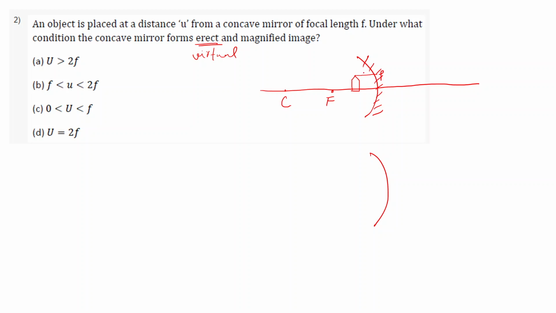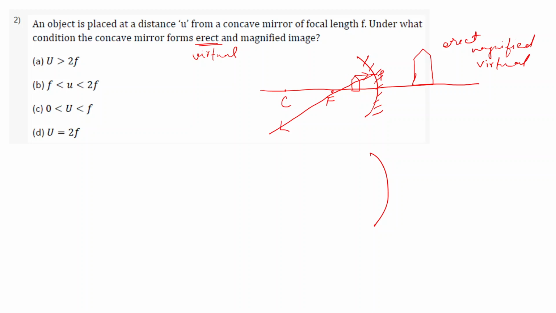Again we will consider two rays going from this object towards the mirror. The parallel ray will pass through the focus, and another ray will be, finally we'll see that we get an image here which will be erect, magnified and virtual in nature.